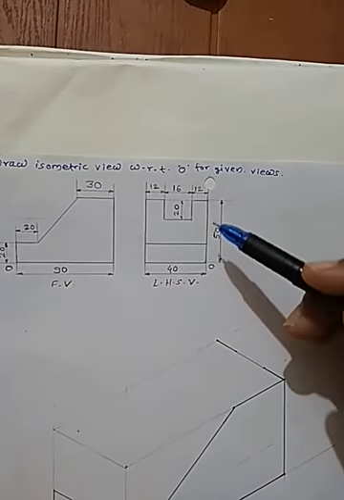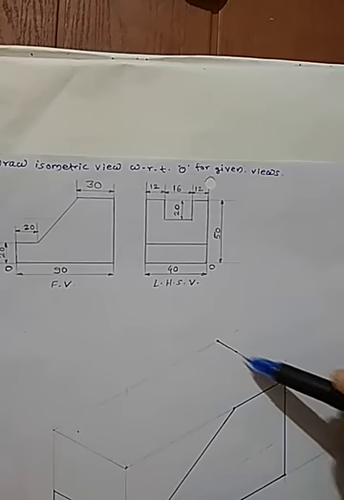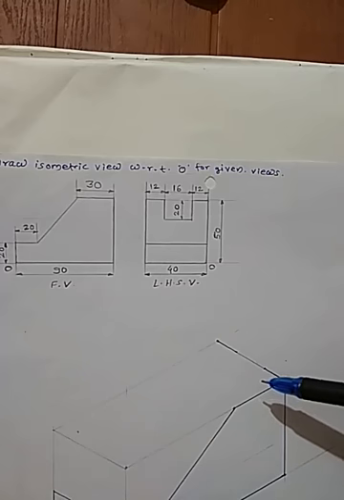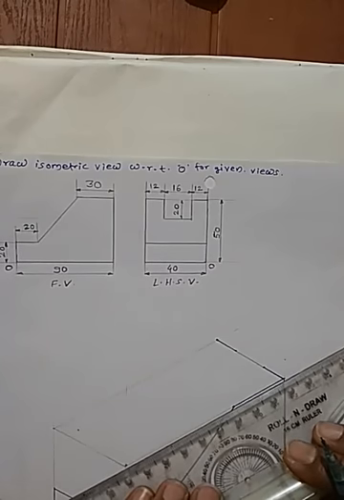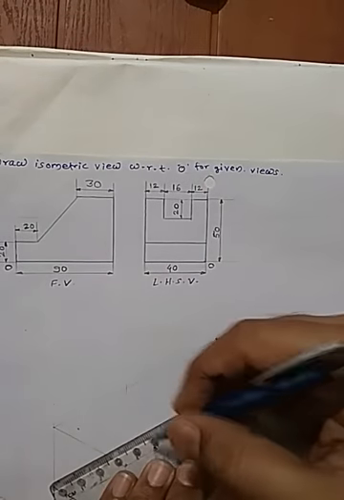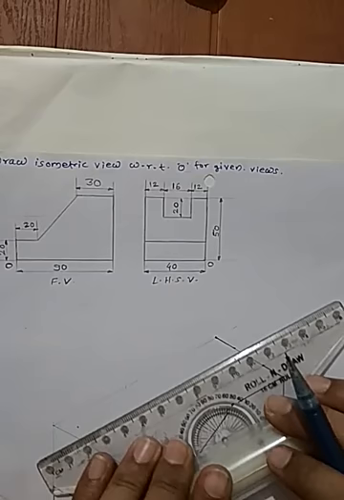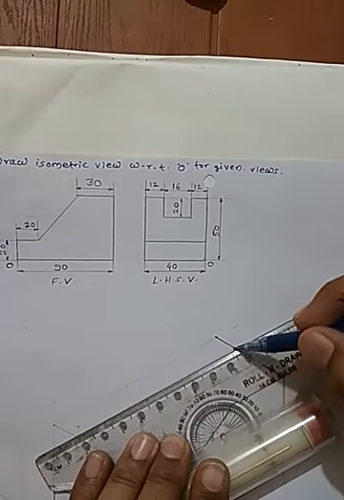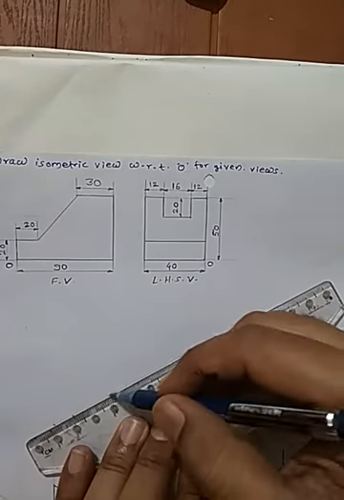From these 3 points, first, second and third, we need to draw parallel lines to the x-axis. Here is the x-axis. I will draw parallel lines from all these 3 points, first, then second, and the third, which is already there.